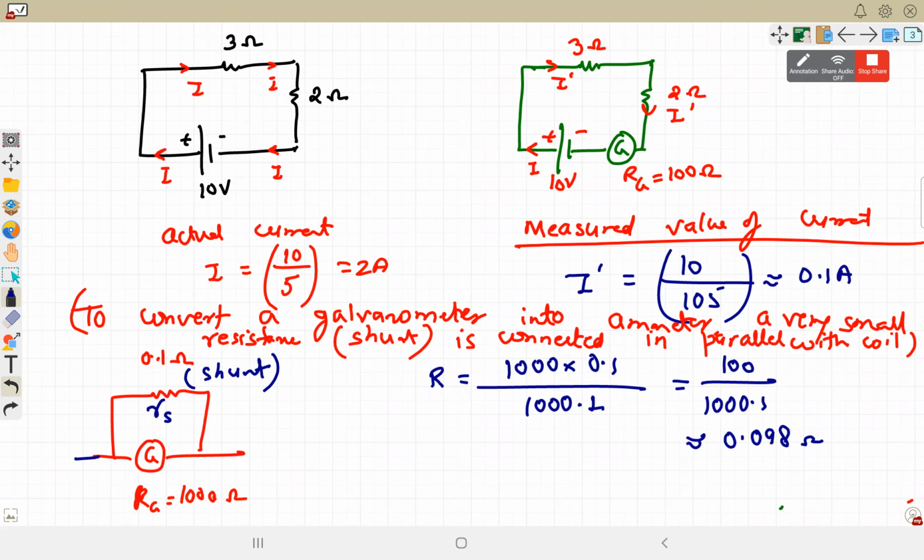I is range of ammeter, Ig is galvanometer current, and obviously capital Rg is galvanometer coil resistance.